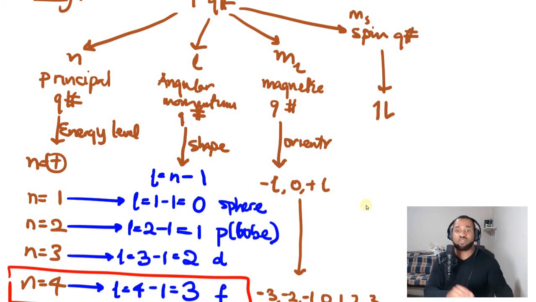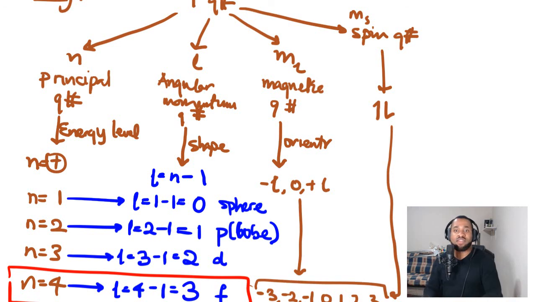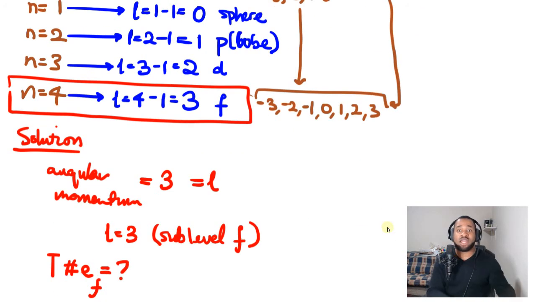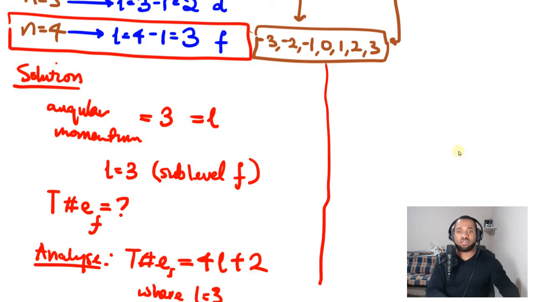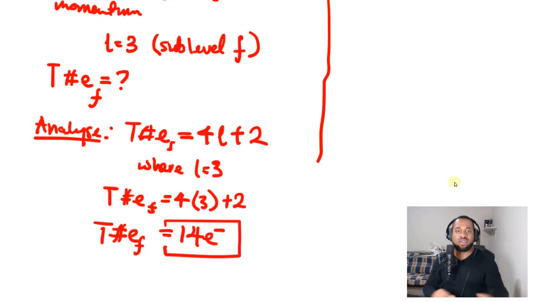And in order for you to do that, these 2 electrons have to be incorporated here. And once you have that taken care of, we can then determine how many electrons will be placed here, to determine our total number of electrons as you move from one orientation in the same sub-level all the way to the other orientation in the same sub-level.